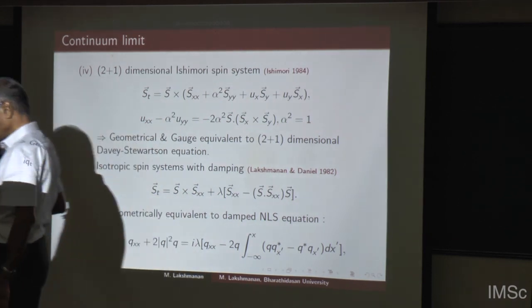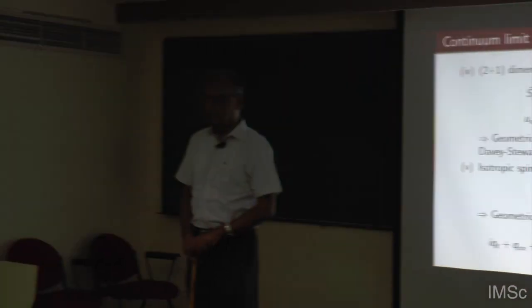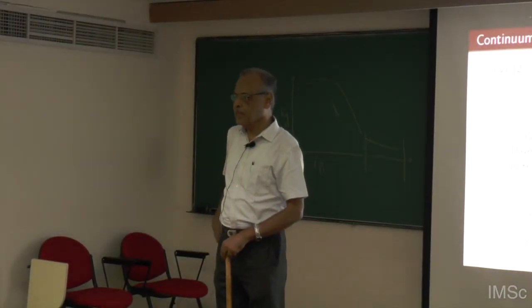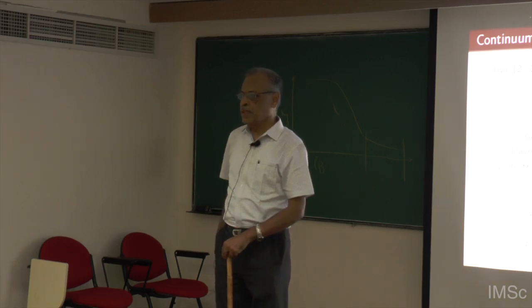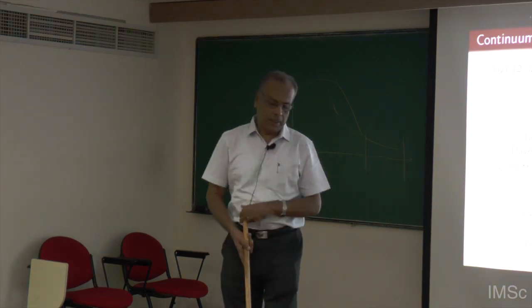You mentioned this gauge transformation. Is it possible to visualize this in terms of spin variables? What are the gauge transformations?